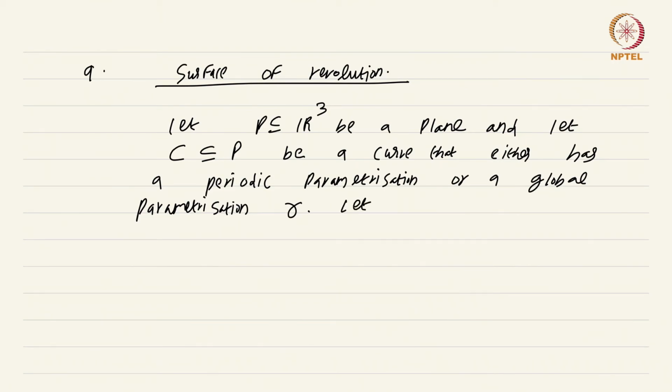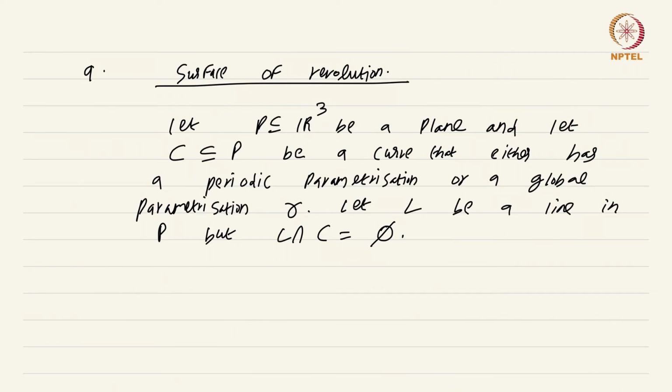Let L be a line that's also in this plane P, but L intersection C is empty. Okay, so take a line in this plane such that L intersection C is empty.